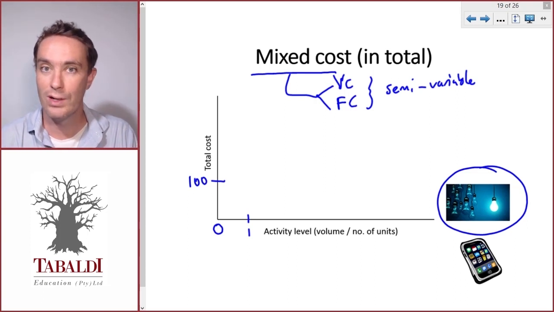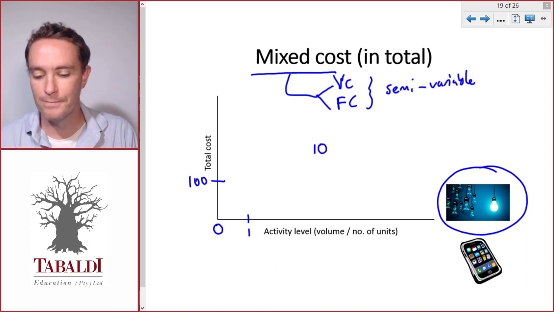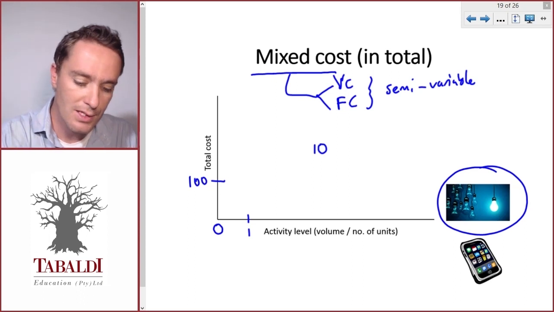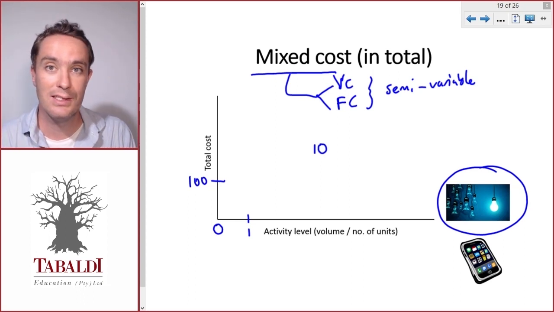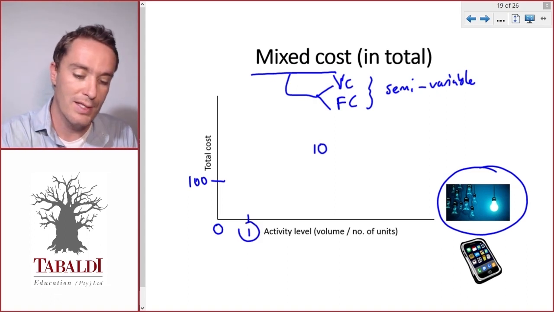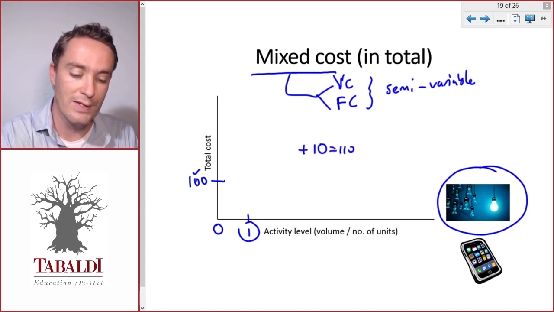So we see when we make one table, we use, with our power tools, electricity that cost us 10. So what would the total electricity bill be in a month where we only make one table? It'll be the 100 to keep the lights on, plus the 10, which will give us 110.